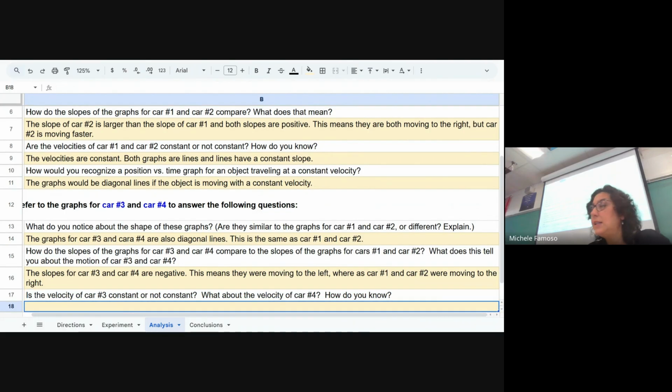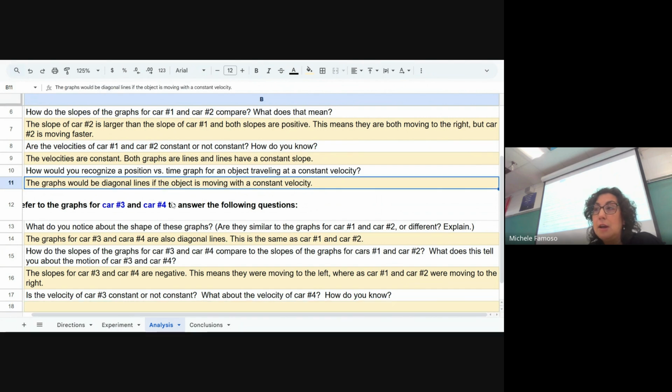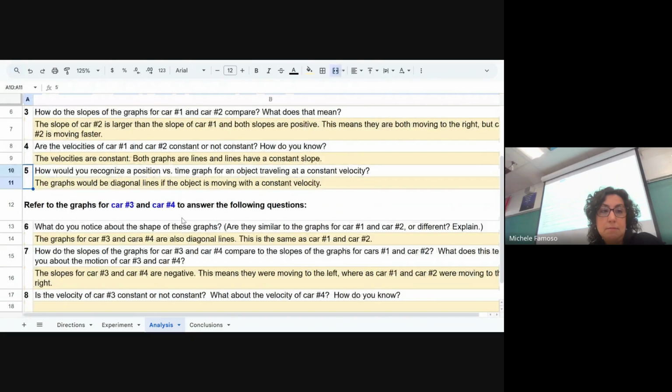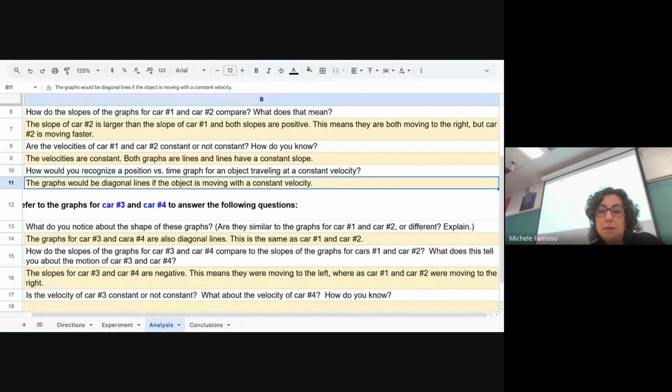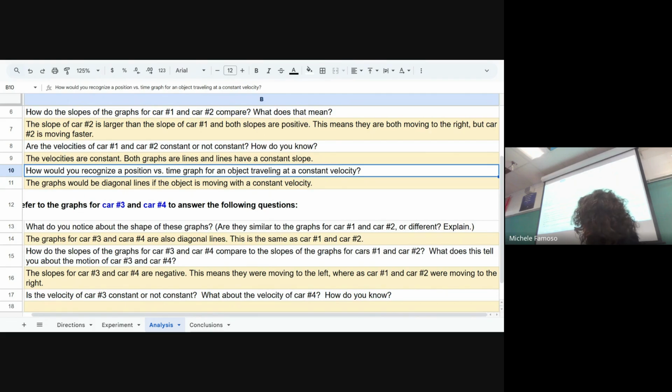And are the velocities for car 3 and 4 constant? How do you know? What are we going to look for if their velocity is constant? Take a look at question 5. Is the velocity constant? Remember, we said, how would we recognize a graph if the velocity is constant?